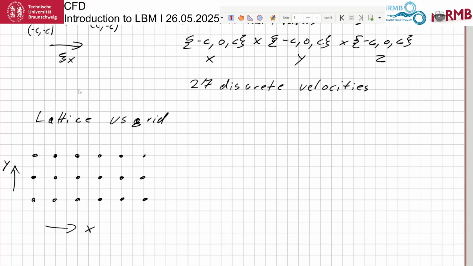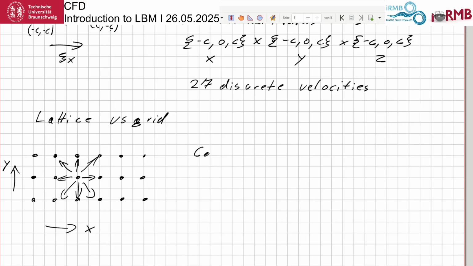And you see, if the velocities in each direction are always the same constant, we can say that one particle is moving from this location to this location, in a given time step.